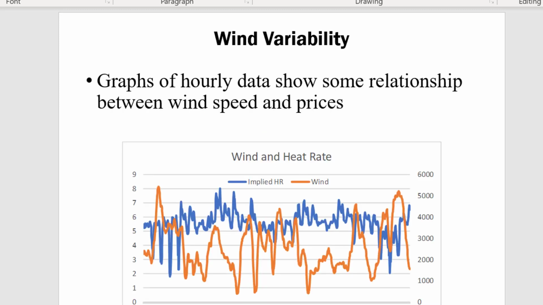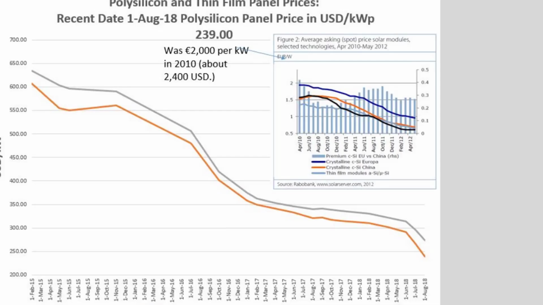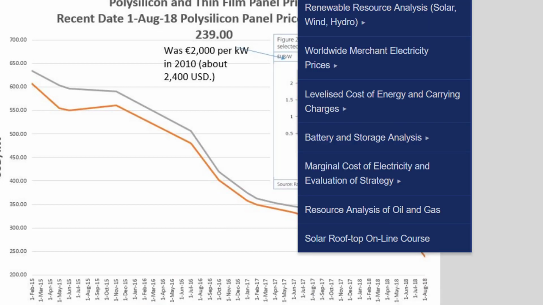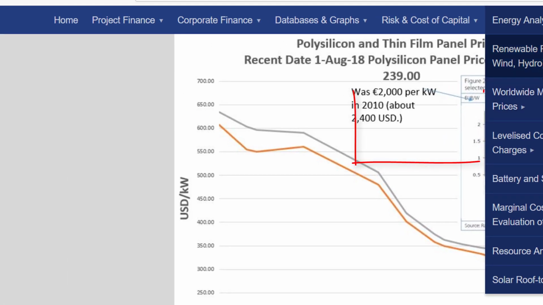Then when I look at wind, there's a wonderful website, Nord Pool, and I put this here as well. You go to the energy analysis and you go to merchant electricity prices, and I try to collect all of these. This is one of my many unfinished projects.